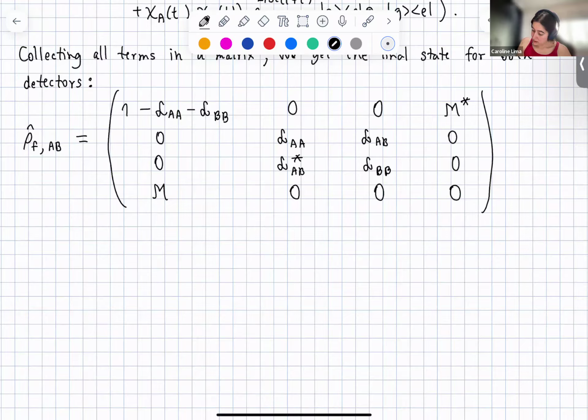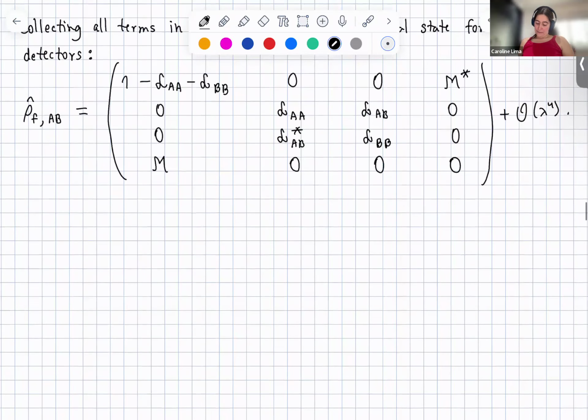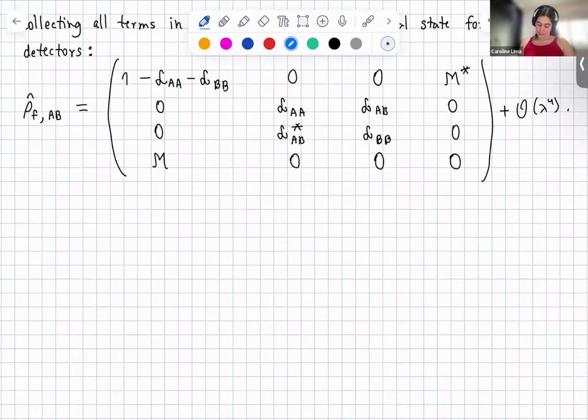All of this plus order lambda 4. Because as I said, lambda cubed is going to vanish. All the odd point functions vanish. And maybe I have to write the order of the basis.